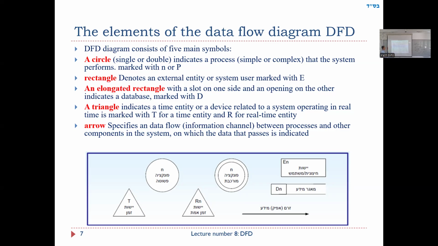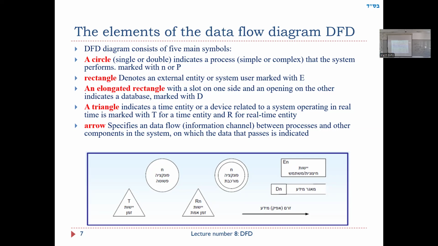Now there is a difference between them in the following way. We'll talk about it more, but the T can be only on the left side of the diagram. Why the left side? The left side flows into the system. The right side flows out of the system. You don't update a clock in general. A clock should be a clock. But the R could be on either side, because like I said with the example of sprinklers and the sensors.